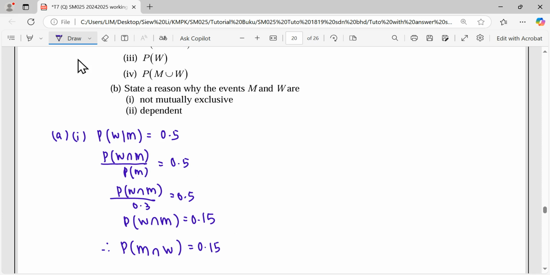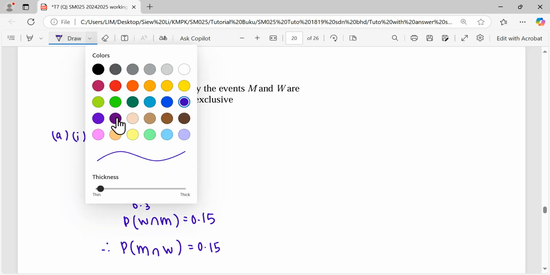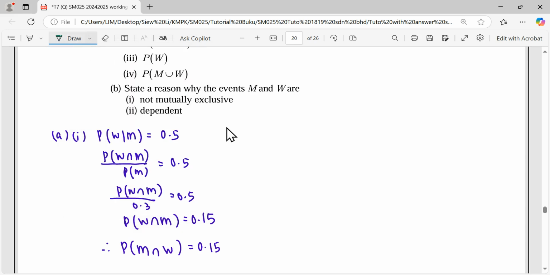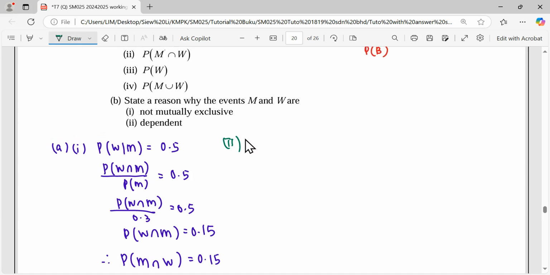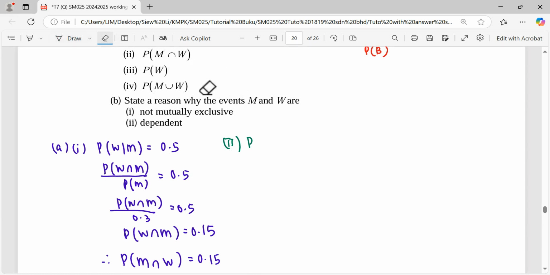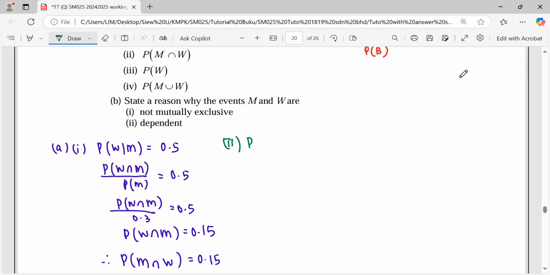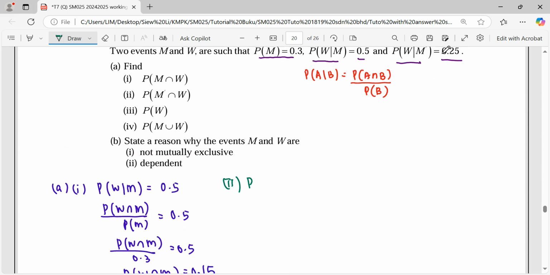Then we can move on to the second question, which is to find the probability of not M intersect W. We can use the information about not M and W here.